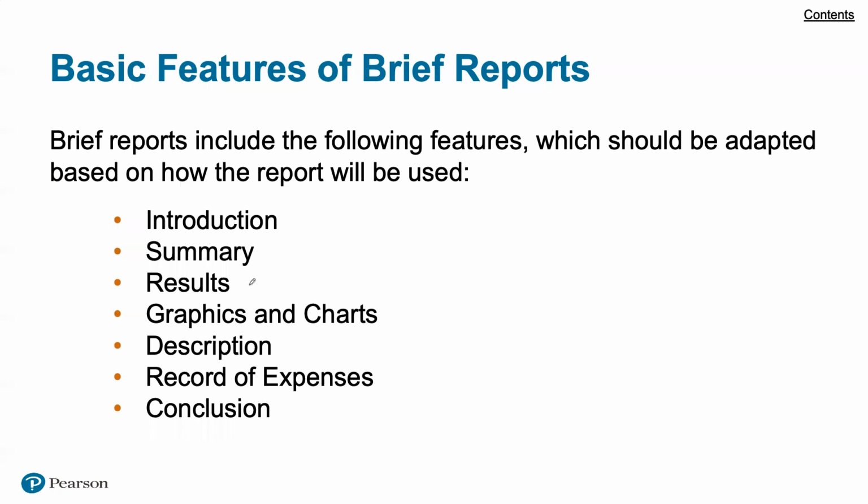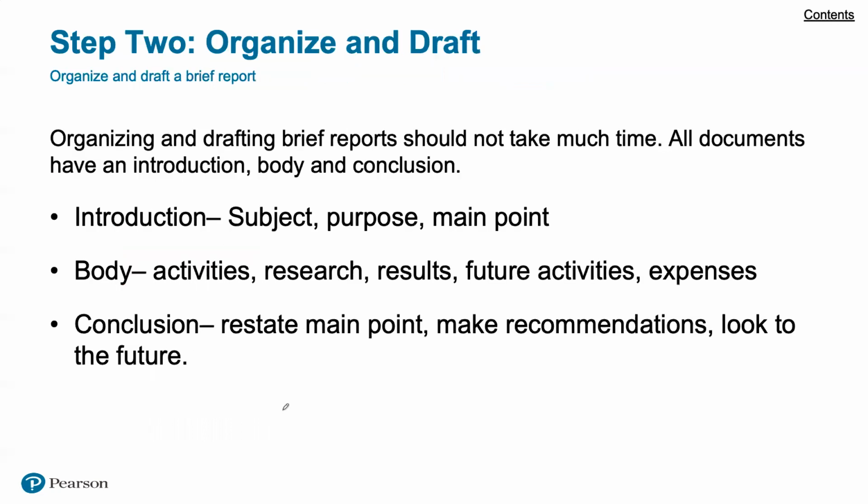You can get into the specifics step by step, having graphics and charts that help to quickly give an integrative assessment of what you've talked about. There will be a description, a record of expenses, and finally the conclusion. So those are the types of things that you would have in a brief report. In a lot of settings, those things will be specified to you by management or company policy.